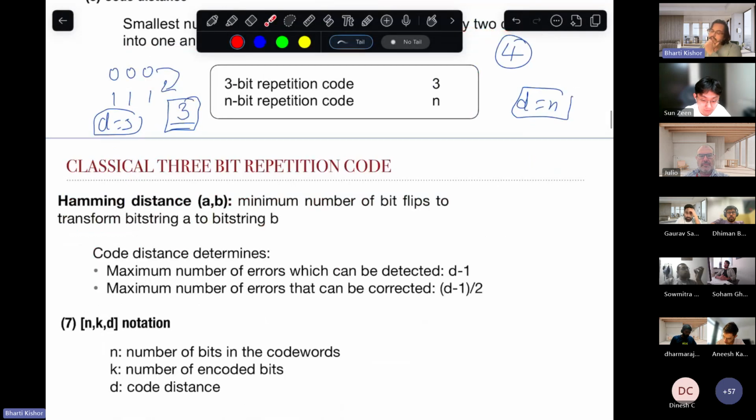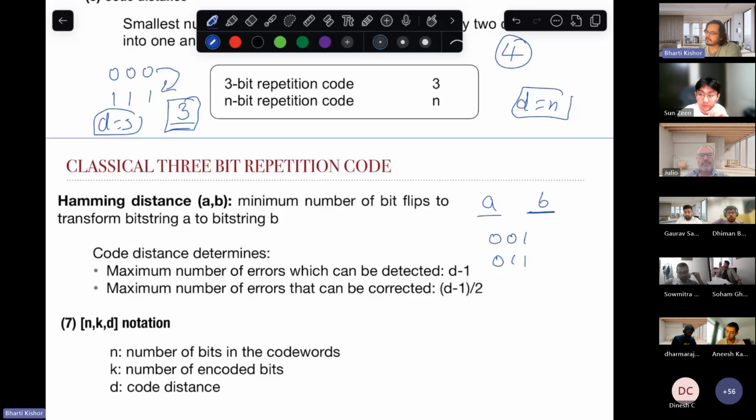Actually, to understand code distance, there is this object called Hamming distance that can be useful. The Hamming distance is defined for strings. Let's say I have been given a string A and a string B, and the Hamming distance is the minimum number of bit flips to transform bit string A to bit string B. Let's say I have the string 001, and another string that I have is 011.